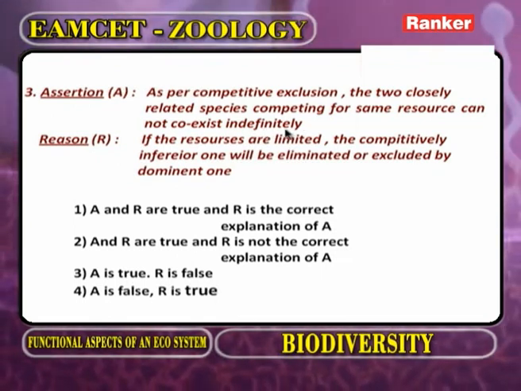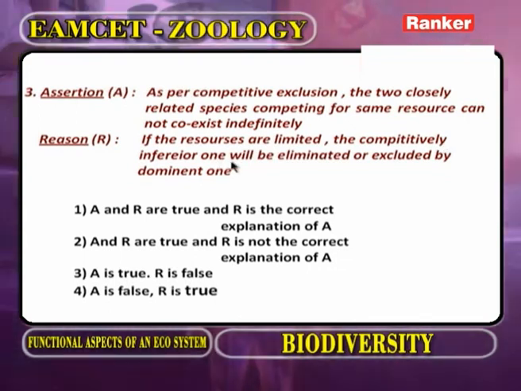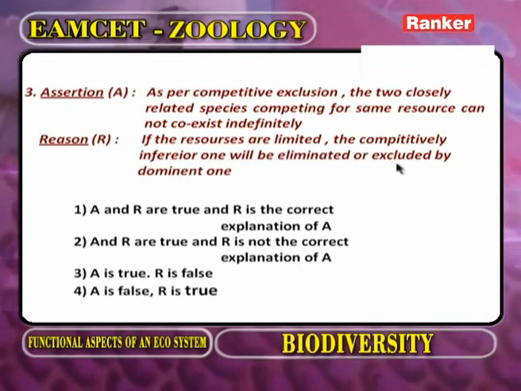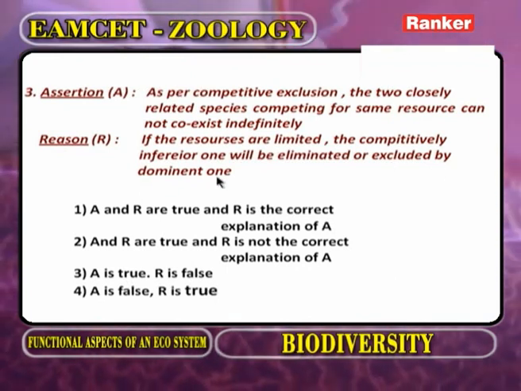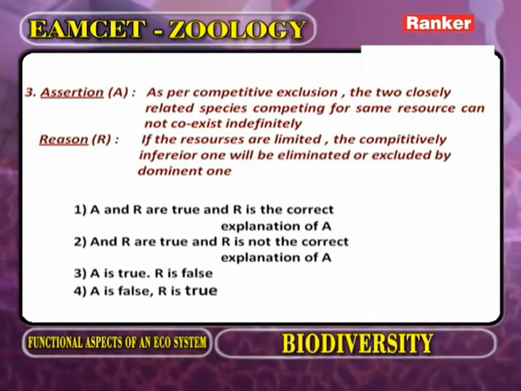That is the assertion. Now what is the reason? If the resources are limited, the competitively inferior one will be eliminated or removed or excluded by the dominant one. And now this concept is explained regarding the competitive exclusion.